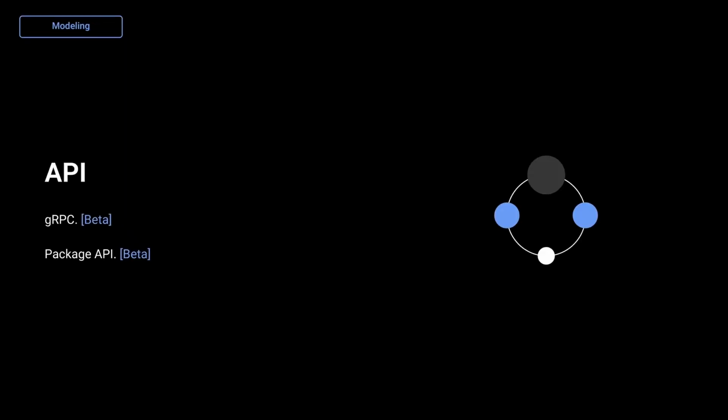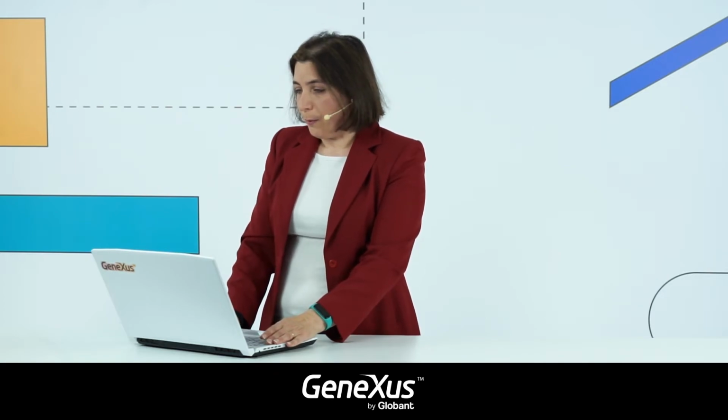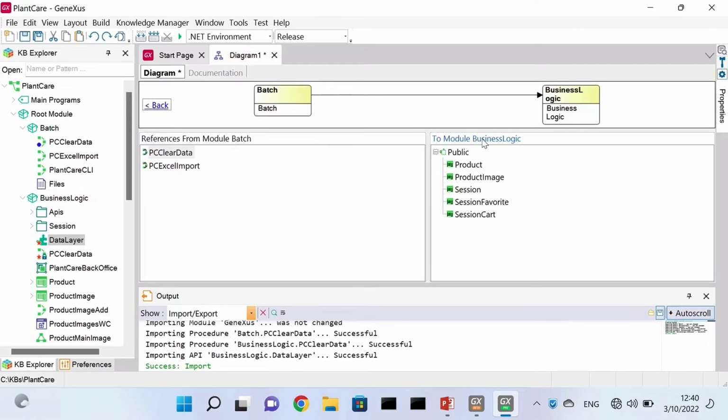It comes already in some upgrades of version 17, but the important thing is that when we're trying to have a REST interface that's supported in the 18th version and in the beta version, we are trying to focus on the gRPC, and we also want to be able to package APIs so that we might have a module that accesses data and has fully private objects, and the only public objects from which we can access data are defined API objects.